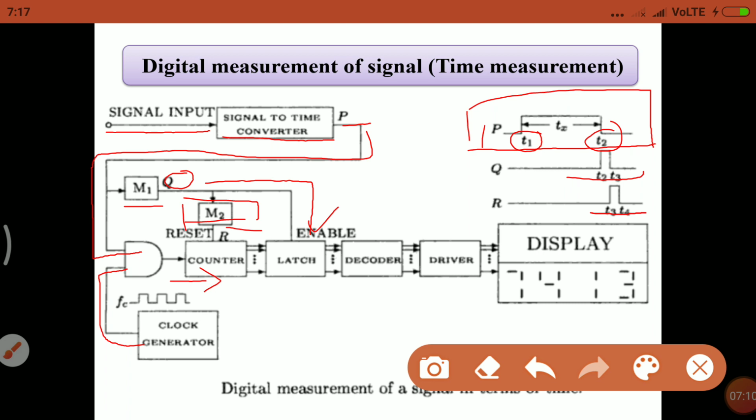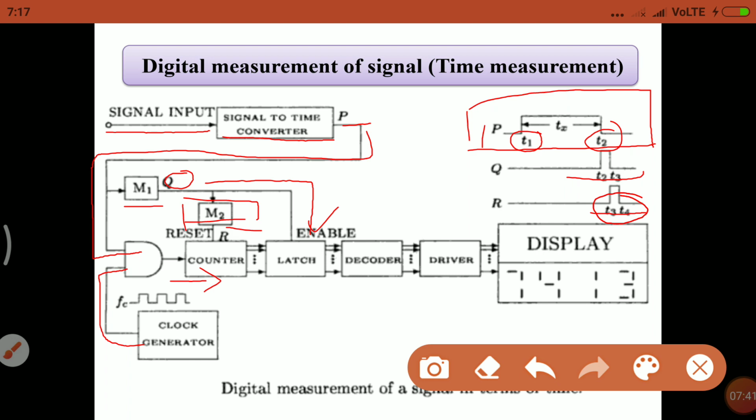As soon as M1 generates a narrow pulse, the latch will enable and the pulses passing from the counter to the decoder will stop. Now it is time to reset the counter. That's why we require the second monostable multivibrator M2 that generates one narrow pulse. So at point R you can see here a small pulse is generated, and the counter is reset.